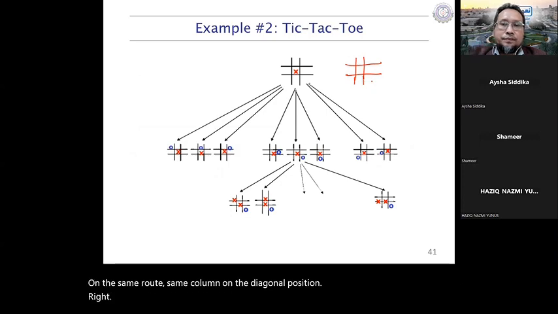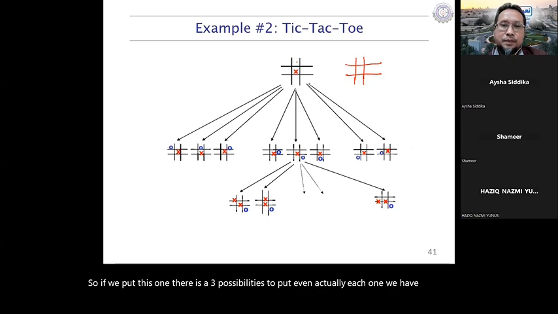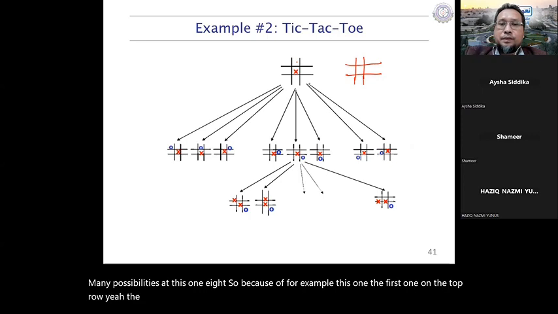So if we put this one, there are many possibilities, 8 in this case. For example, on the top row we have 3 possibilities, 1, 2, 3.